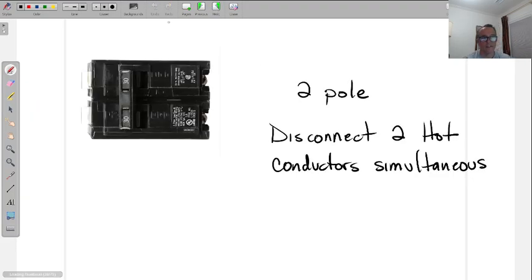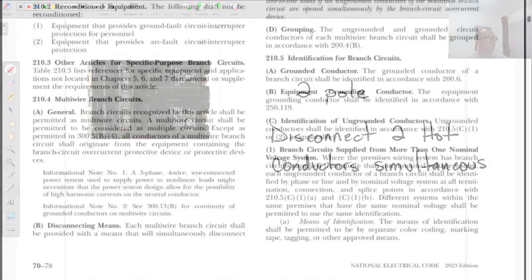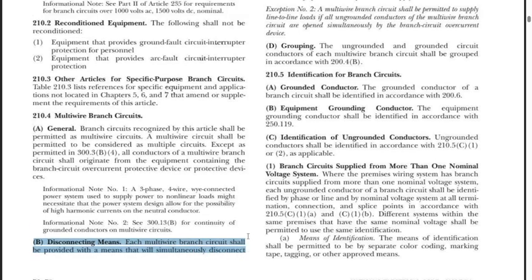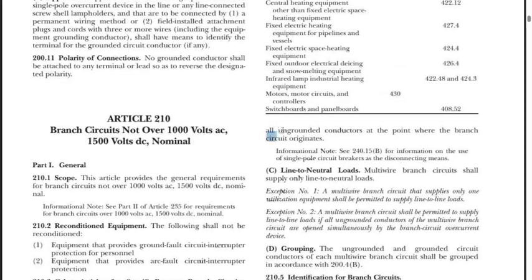We don't have to get into the definition of that so much. I just wanted to point out this rule. Each multi-wire branch circuit shall be provided with a means that will simultaneously disconnect all the ungrounded conductors at the point where the branch circuits originate, which means at the panel.